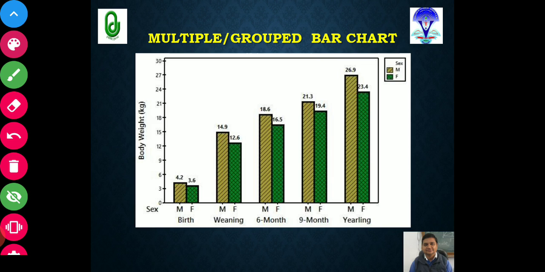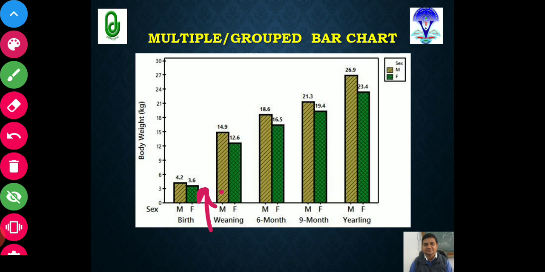It is also called grouped because the bars are grouped together. You see there is no gap between male and female within a category, but after that there is a gap. That is why it is called a multiple or grouped bar chart.